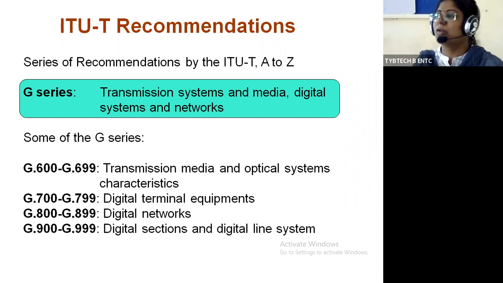Those are some organizations, or firms, which give the final stamp for any of your designs. According to these standards, the particular things are designed. Here they have given the G series in ITU-T, which is related to optical communication. This is just an additional slide.